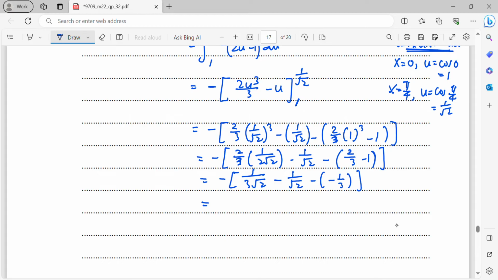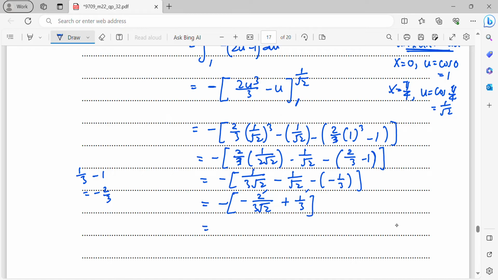So here you will get negative, this is 1 over 3 minus 1. If you ignore this, I am getting negative 2 over 3, so negative 2 over 3 square root 2. Then minus minus is a plus, 1 over 3.